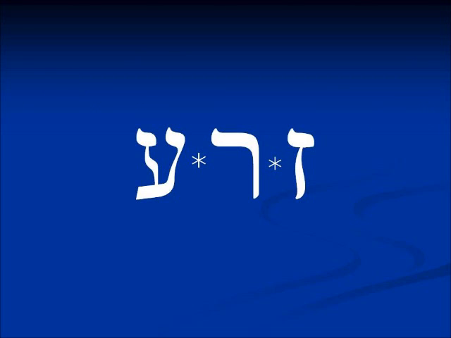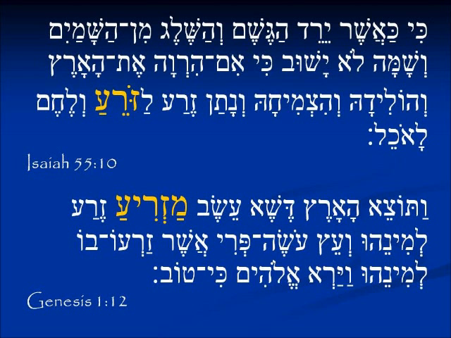Here's another root. Zayin Resh Ayin, Zera, it means seed. In Isaiah 55:10, we see that there's a well-known verse, as the rain and snow fall to the ground from the sky, and they don't return back to the sky, but they water the earth and cause it to sprout forth and give zera lezorea, seed to the sower, the one who spreads the seed, the one who's putting the seed in the ground.